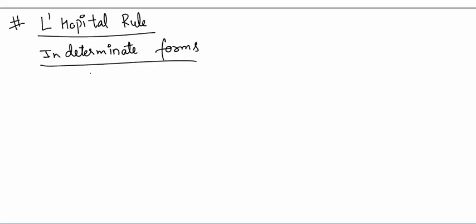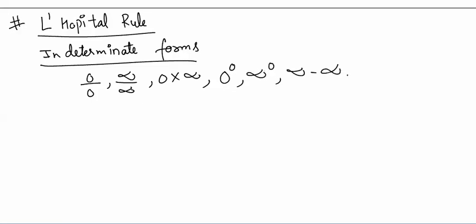Some limits where you can find indeterminate form, for example, forms like 0 by 0, infinity by infinity. You cannot apply the limits. It will become infinity by infinity, 0 into infinity, or 0 to the power 0, or infinity to the power 0, or infinity minus infinity. These are basically 6 forms of indeterminate form, right? So L'Hopital is only applicable to this form.